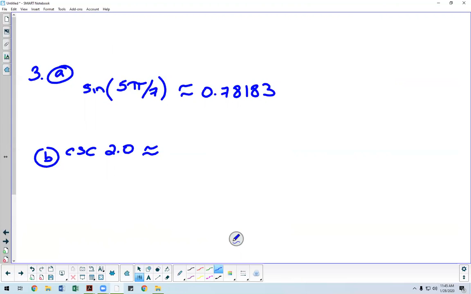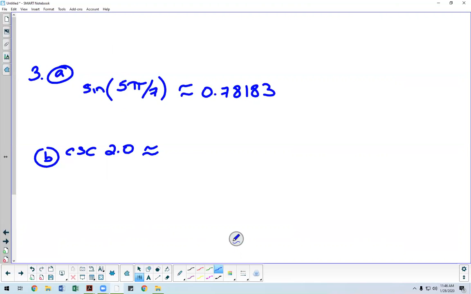Okay, what if we changed our strategy a little bit, if that's not working? Cosecant, how else can I write it down? You do sine and then you just do the power of -1.